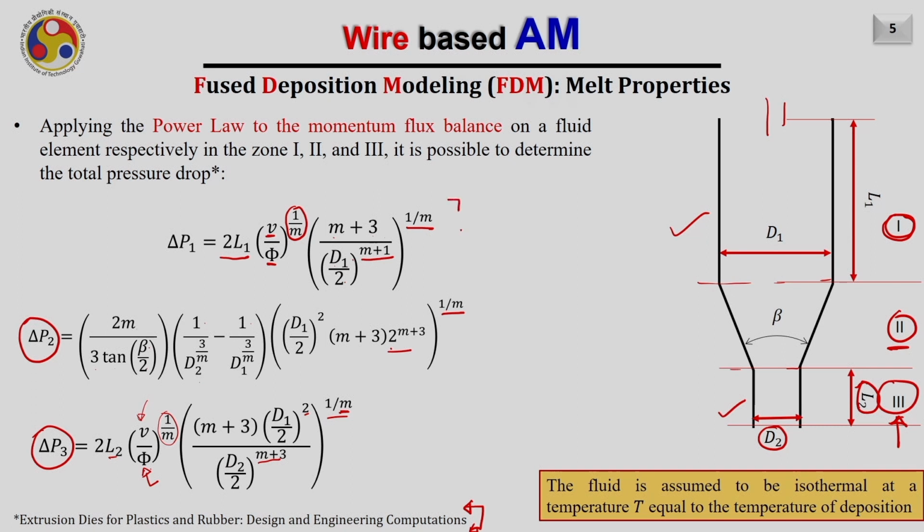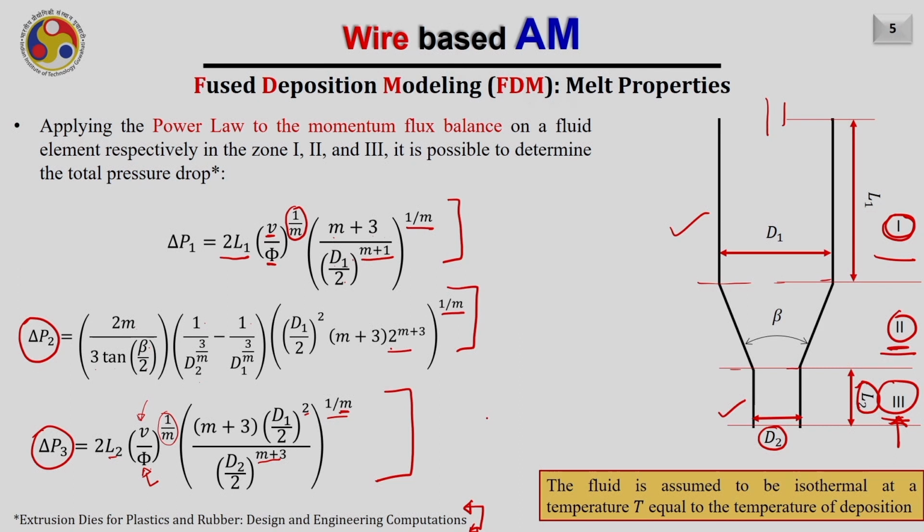So, by utilizing these formulas, we can predict the pressure drop required in zone 1, zone 2 and zone 3. It can be noticed that while obtaining these pressure drops in different regions, we have assumed that the temperature of the melt is constant. That means these pressure drops can be applicable only in the steady state.